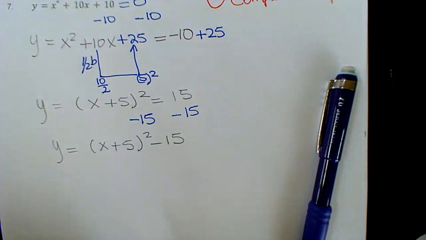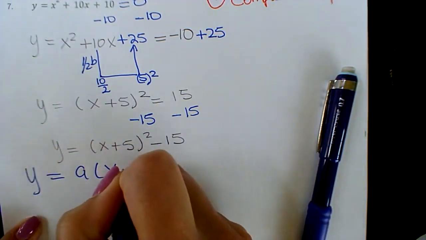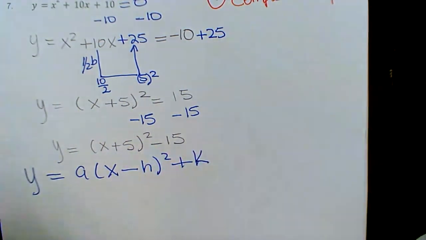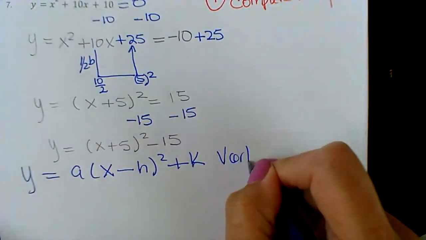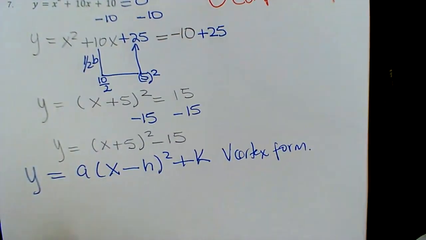Remember, what I want to get is this. I need to get it in the vertex form. So that's why I need to take back the 15.